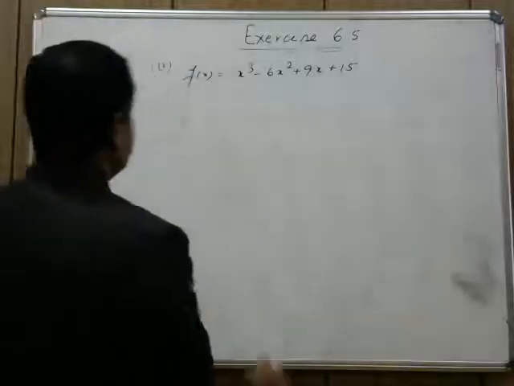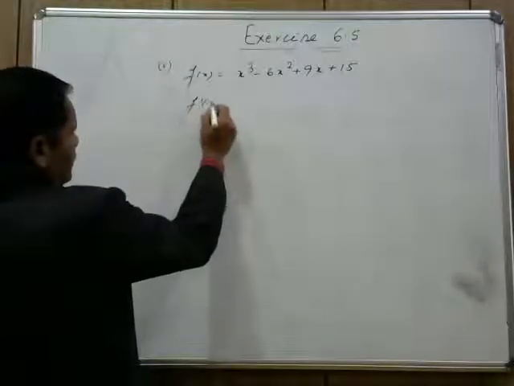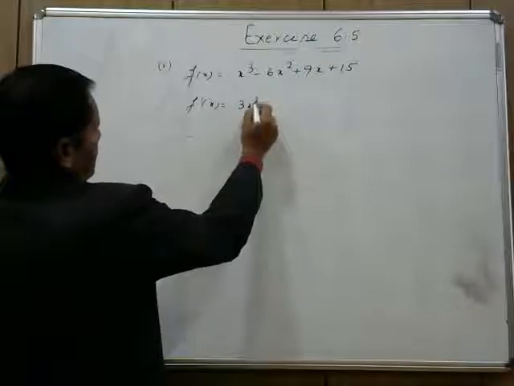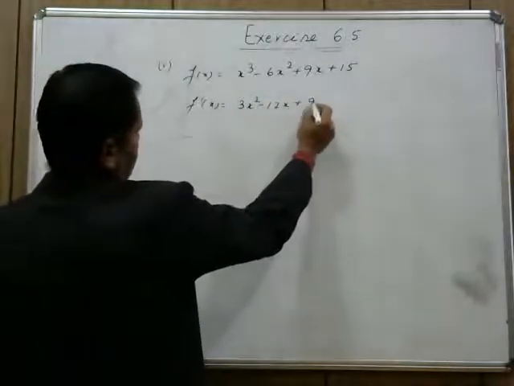Right? We have f dash of x is equal to 3x square minus 12x plus 9.